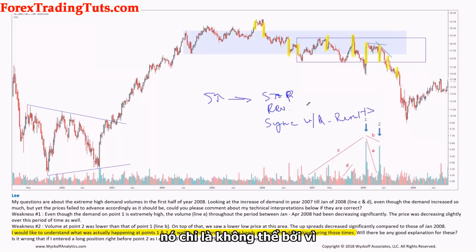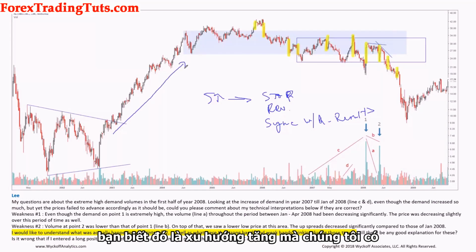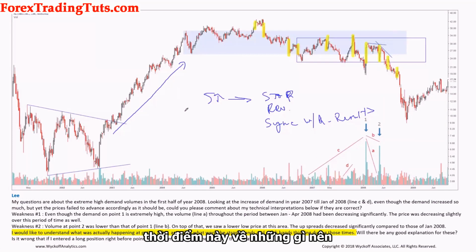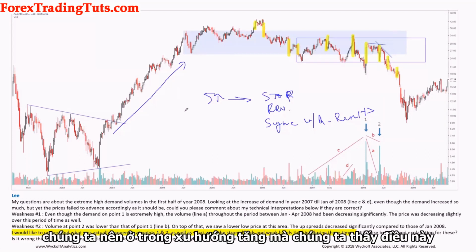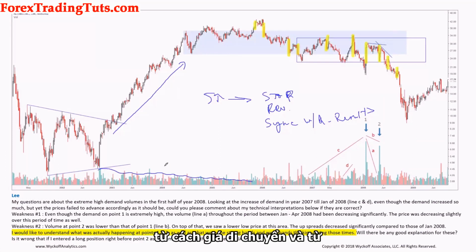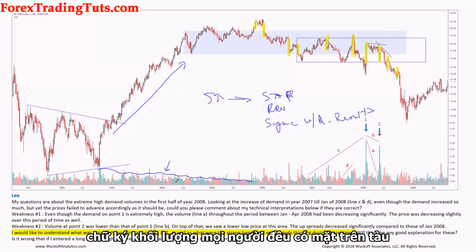It's just impossible, because it was the uptrend that we have had. There is a specific sentiment that exists in market participants' minds at this point of time as to what should happen. We should be in the uptrend. We see this from the sentiment we could derive from how the price moves and from the volume signature. Everybody is on board.